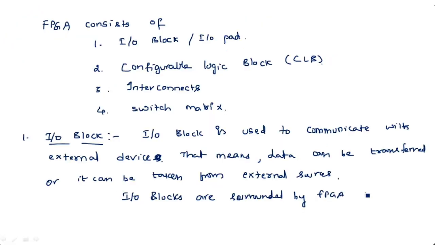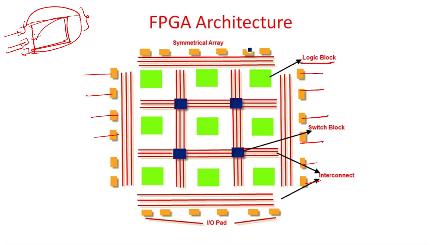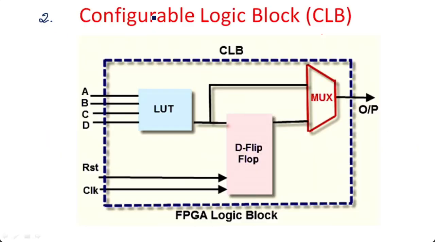The heart of the FPGA is this logic block, or we can call it CLB, configurable logic block. So what does a configurable logic block consist of? A lookup table, a D flip flop, and a mux.